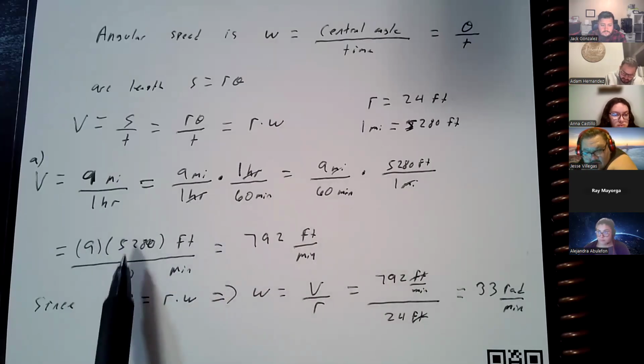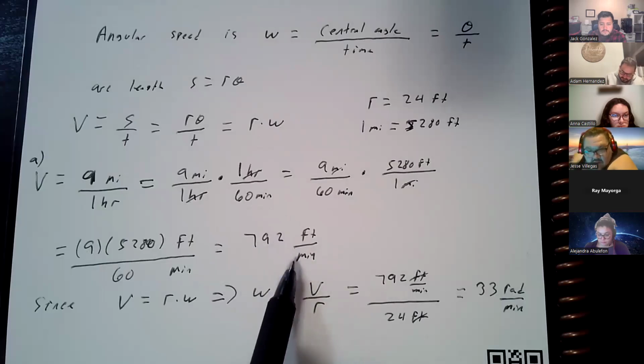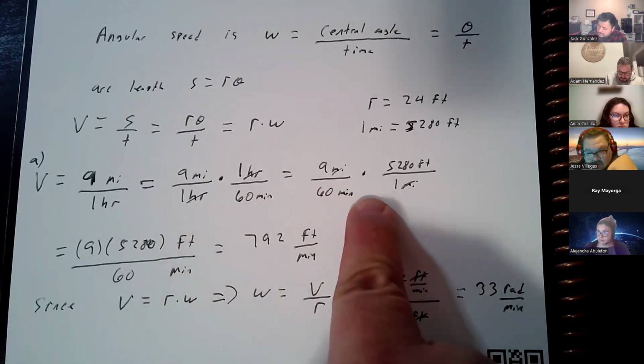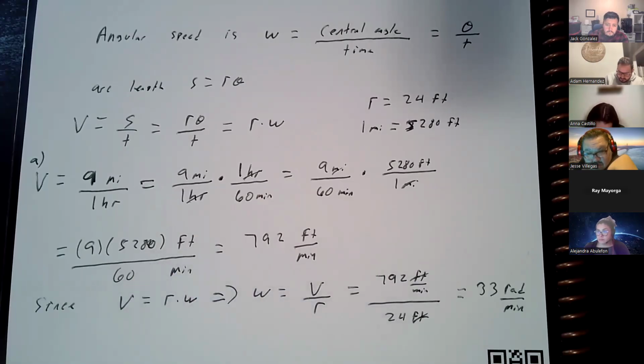So I have to multiply this out, divide by 60, and now I have this simplified answer in feet per minute. So this converts hours to minutes. This converts miles to feet. Now I'll have feet per minute. So conversions are just multiplying by fractions. And if it's forms of one, you can always do however you want, right? 1 over 1, 2 over 2, it's all good because they're equal. Oh, okay.